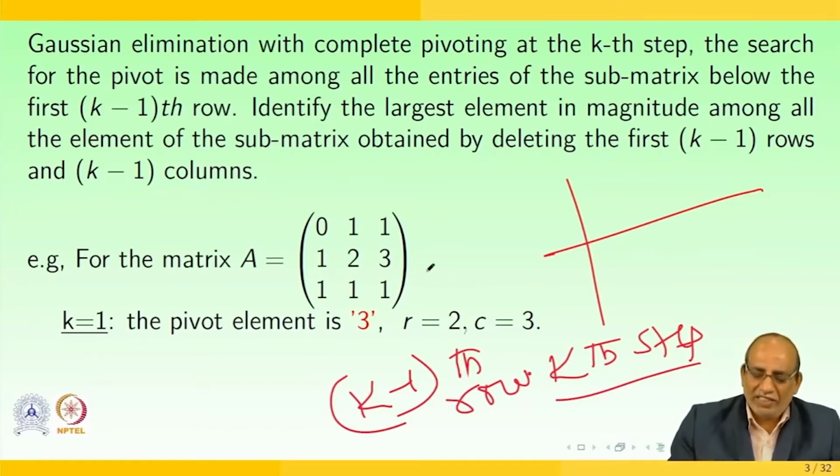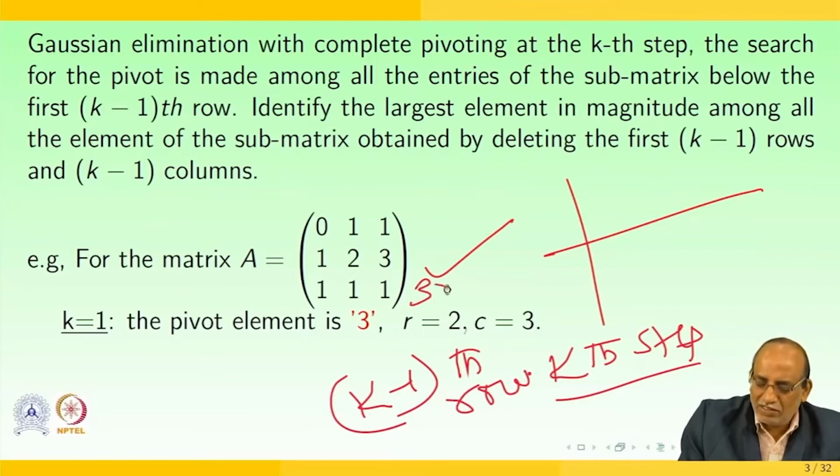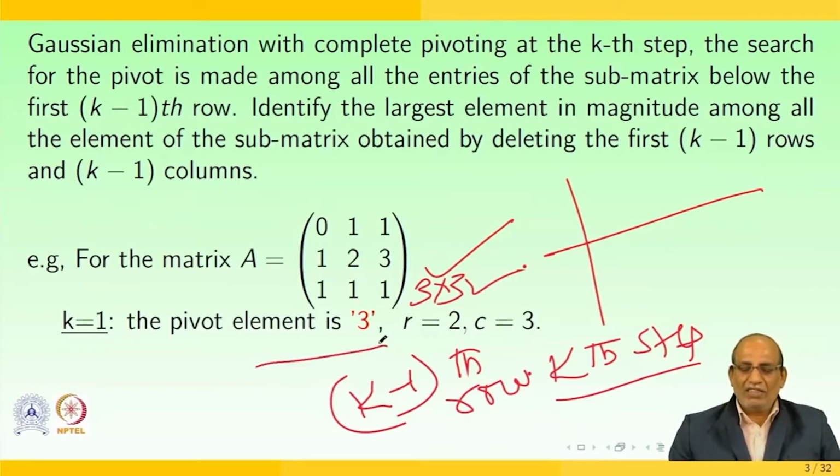Now we see this example for the matrix A equal to, let's say, [0, 1, 1; 1, 2, 3; 1, 1, 1]. It is a 3 by 3 matrix. So k is equal to 1, and the pivot element is 3.